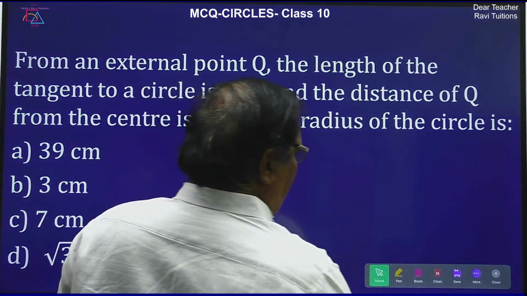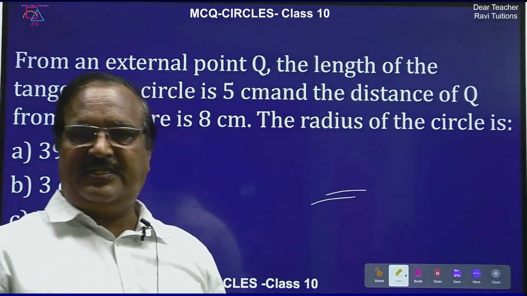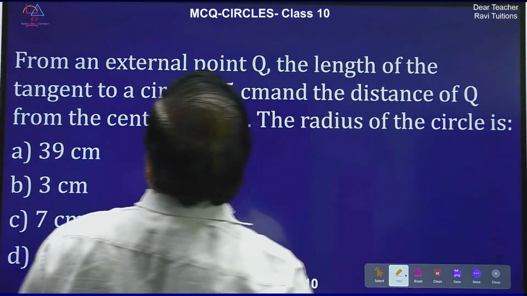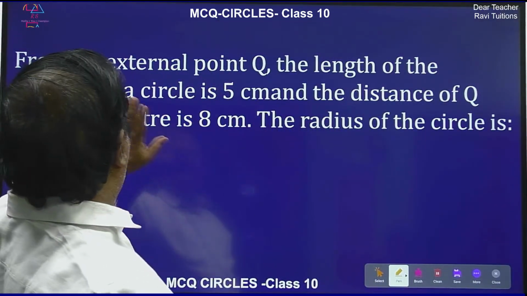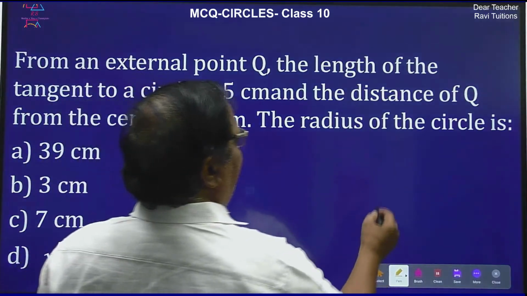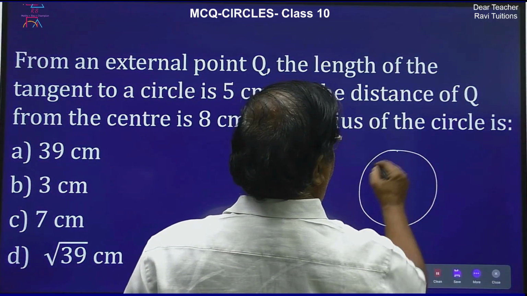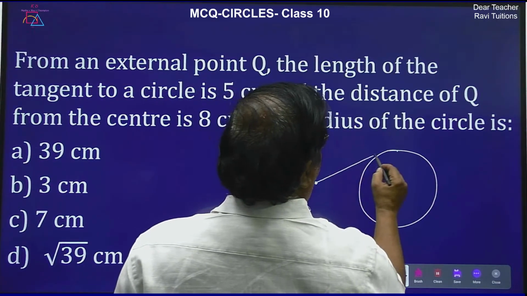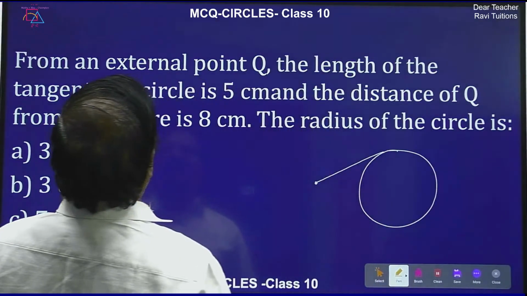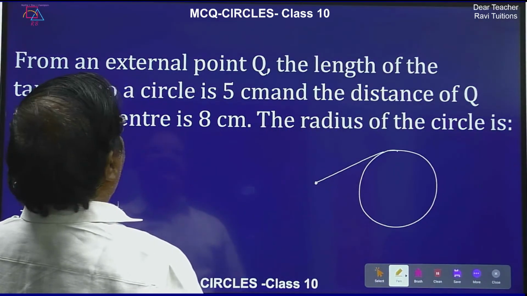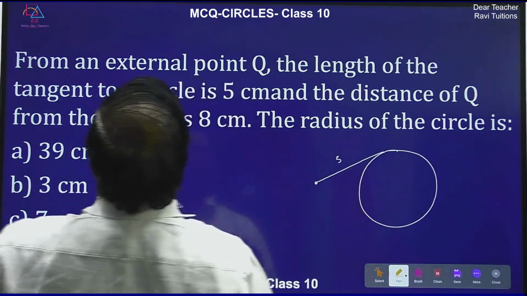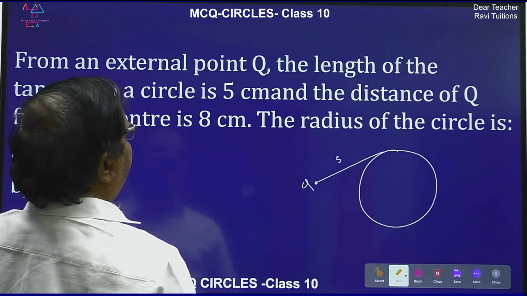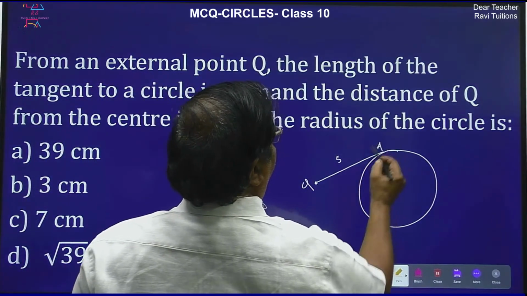Now questions start repeating. The same questions will come again and again. From an external point Q, the length of the tangent to the circle is 5. So draw a circle. This is an external point, and this is a tangent, and this is 5.